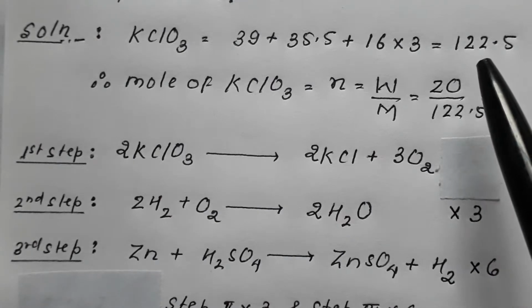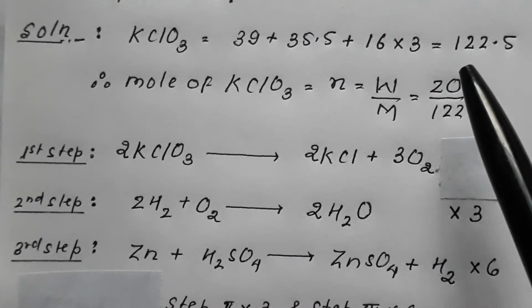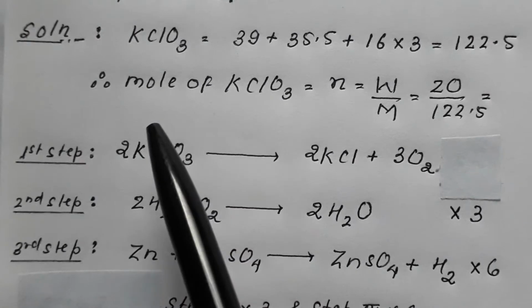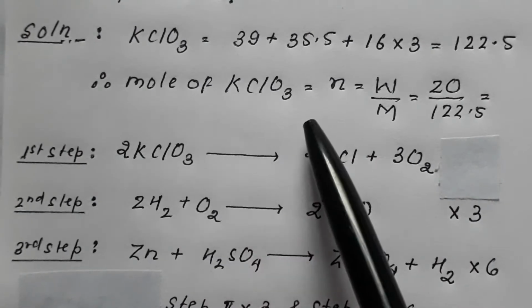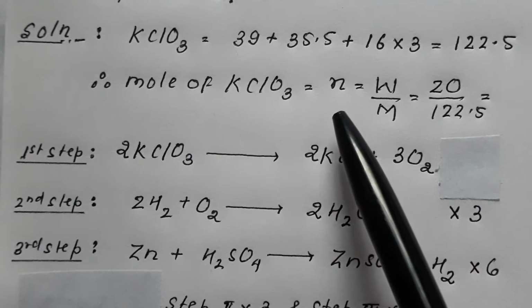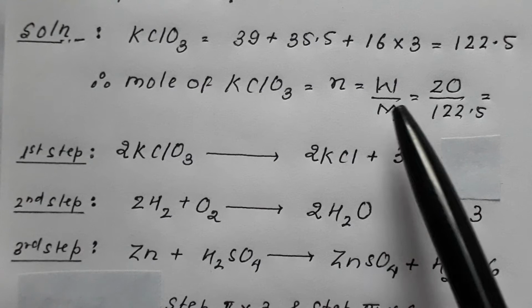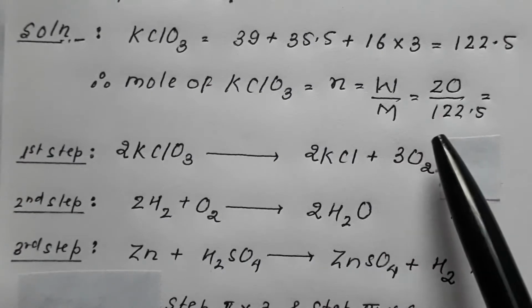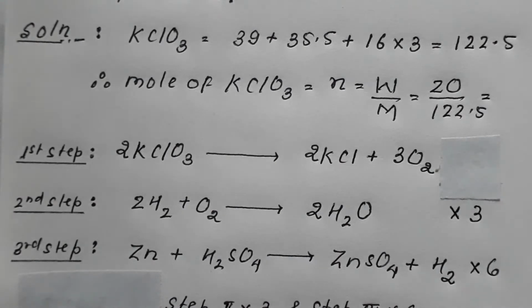Suppose I convert the weight of KClO3 given into mole of KClO3. What would be the value of mole of KClO3? The mole of KClO3, which is represented by n, is equal to W by M. The W of KClO3 given is 20. So 20 divided by 122.5 gives you mole, which is almost 0.19. The value of mole is 0.19.